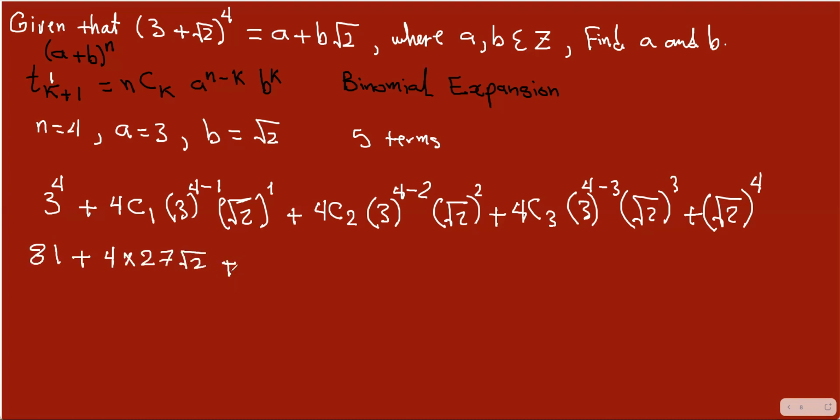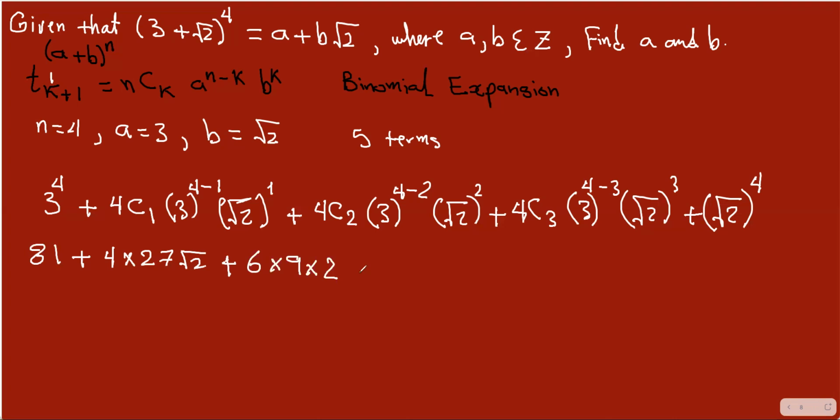And then 4 choose 2, you can use your calculator to find that, and it's going to be 6. 4 minus 2 is 2, 3 squared is 9, so times 9. And root 2 squared, the 2 will cancel the root because square is the opposite of square root, so you end up with 2. Or 2 squared is 4, square root of 4 is 2, whichever way you like to do it.